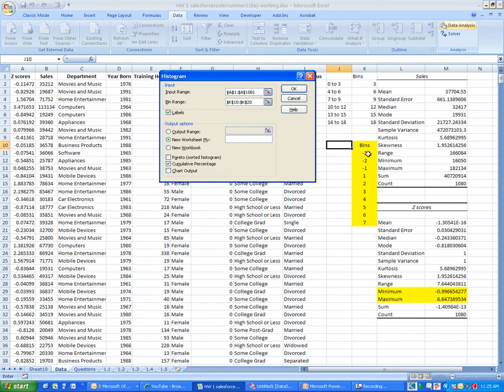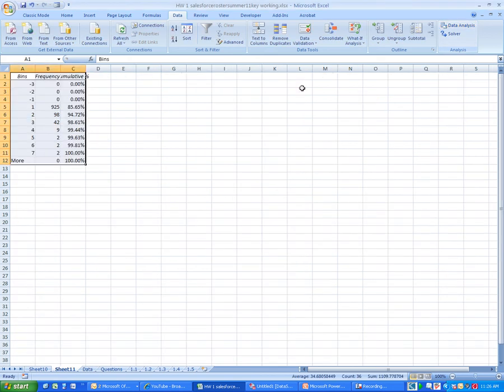Now the minus 3 is there to account for our initial question in terms of asking us about how many are plus or minus 1, 2, or 3 standard deviations above or below the mean. But I exceeded 3 standard deviations here because we have a maximum range of z-scores going up to 6.64. I hope that makes sense. So we are going to click OK, and there is our frequency distribution.